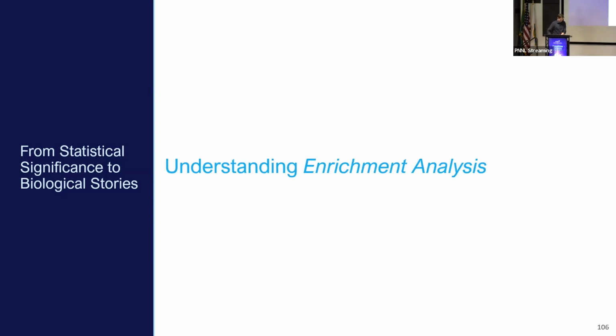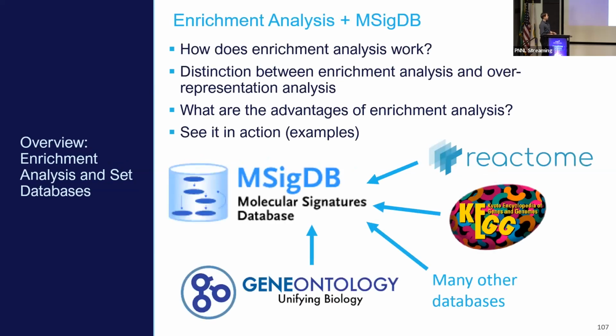Thanks, David. So we're going to cover what's broadly called enrichment analysis. It's also called gene set testing because the language was developed with microarray and transcriptomics data in mind. So we're going to look at how does it work? What's the broad definition of this type of analysis?